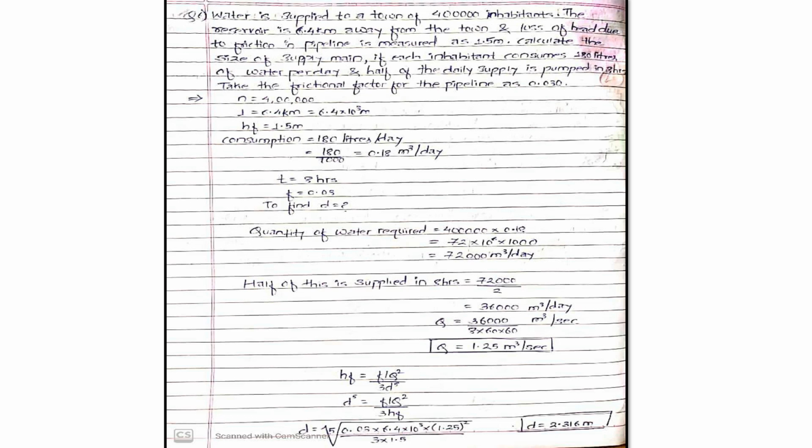D raised to 5 is equal to FL Q square divided by 3HF, or D is equal to the fifth root of FL Q square divided by 3HF. Substituting F 0.06, L 6.4 into 10 raised to 3, Q 1.25 square divided by 3 into 1.5, the diameter of the main pipe is found to be 2.316 meter.